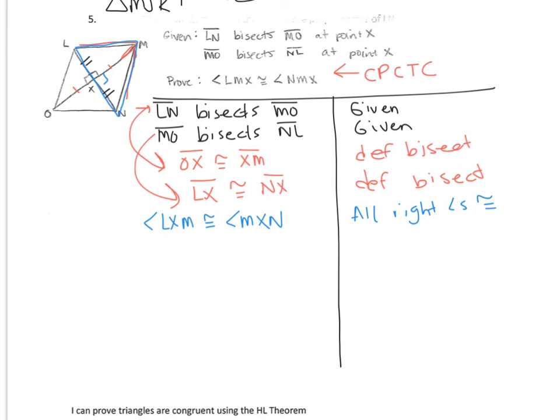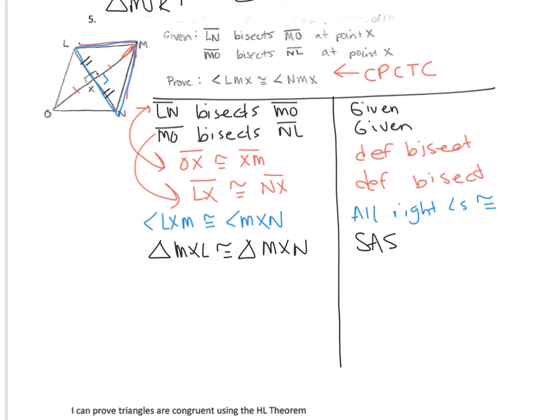I mean, maybe I would use it. There are all different ways that you can do this proof, I guess. I was thinking it was going to take a different route, but I'm not even going to use HL. So I'm going to write that triangle MXL is congruent to MXN by side, angle, side.